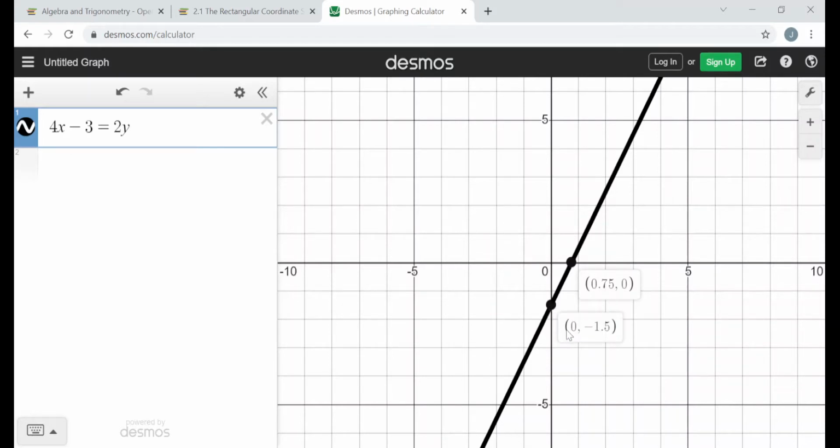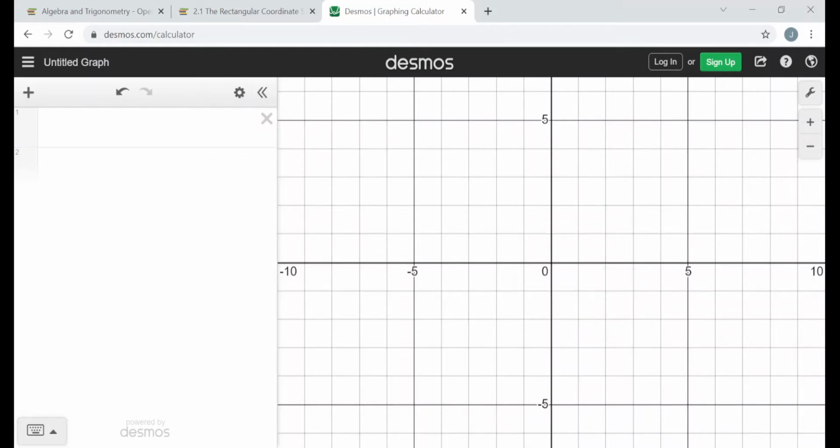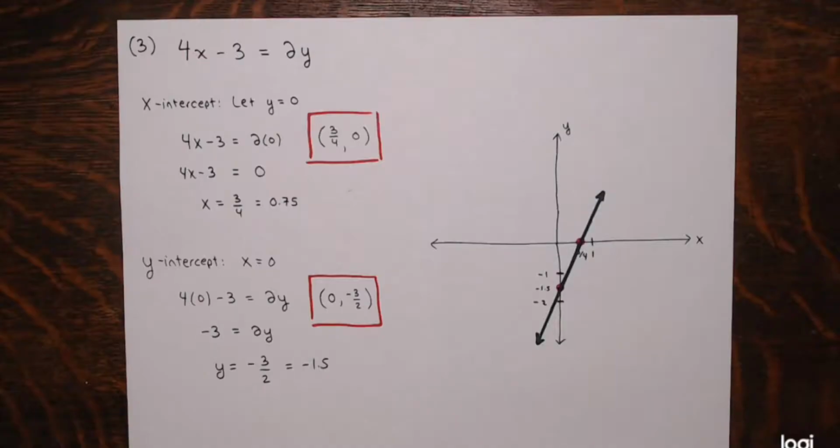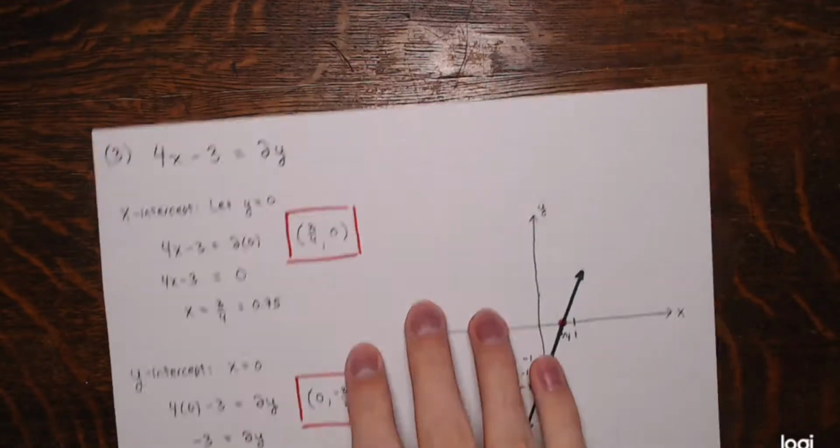And the y-intercept, 0, -1.5, right? 0, and then -3/2, which is exactly what I had on paper. And then the rest of the points fall on the line with these 2 points. Wonderful. It looks like we did good. Again, you can throw a table in here if you wish, but I don't need to find any other points. Alright, let's do that again.